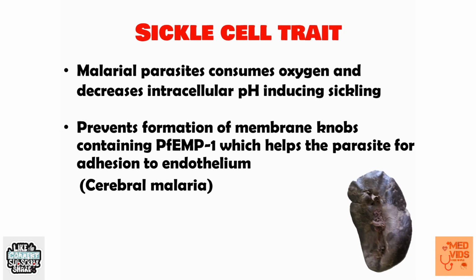This is very important, especially in the pathogenesis of complicated malaria like cerebral malaria. Since this is prevented, the chances of getting cerebral malaria are reduced in people with sickle cell trait. So these two are the defensive mechanisms which protect people with sickle cell trait from getting infected or from getting complicated malaria.